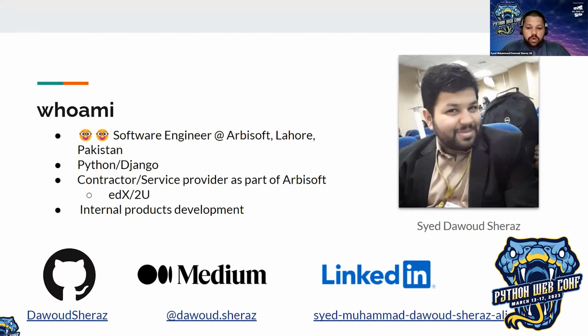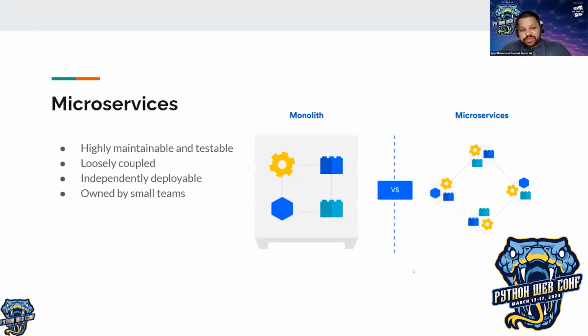Right. So with that out of the picture, let's jump right into our content. So what are microservices? Traditional web application development would follow the monolith approach. Whenever a new product or project would launch, there would be one single code base. All of the code will be added there. All of the people will be committing their code in that single application.